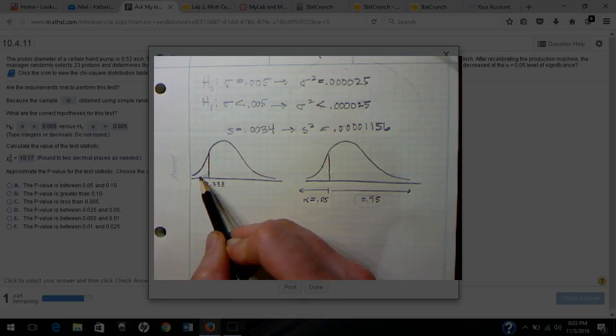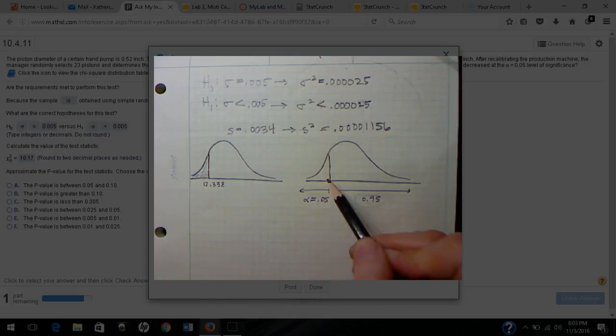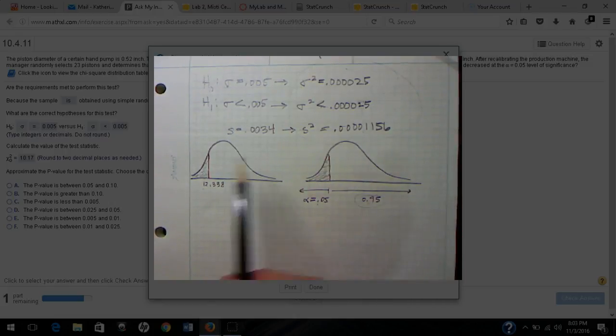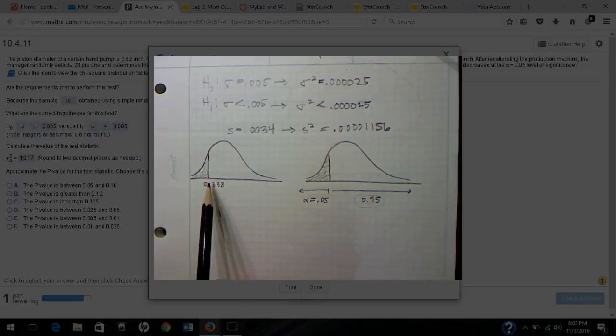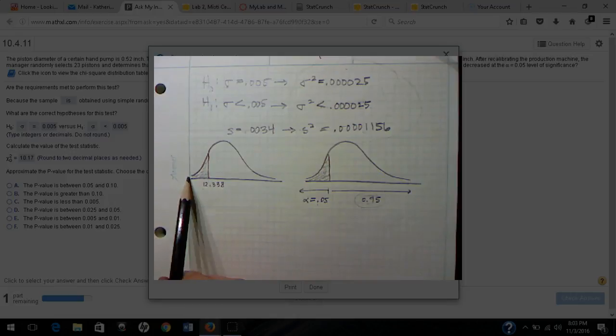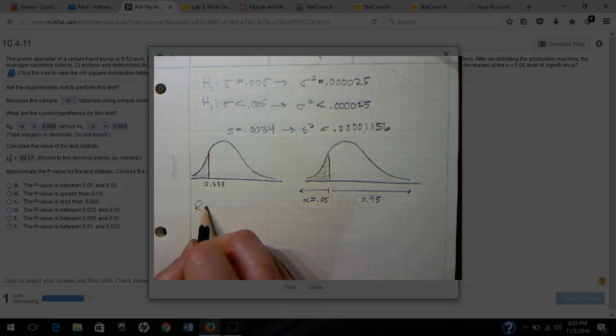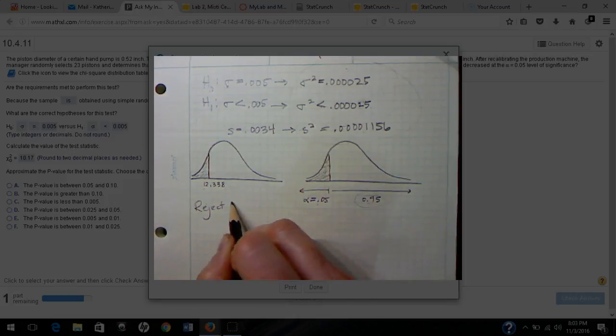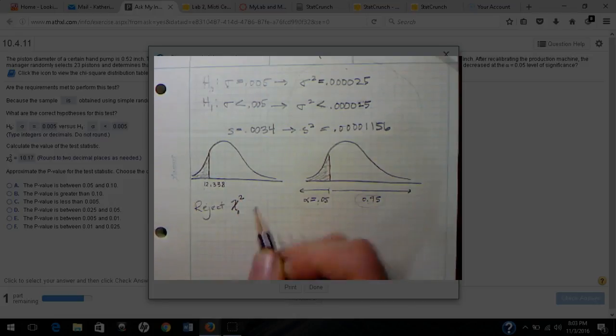The rejection region is over here to the left of the vertical line on the graph, and what we see in this first graph is any test statistic value that's less than 12.338, we reject. If chi-squared naught, the test statistic value, is less than 12.338, we reject.